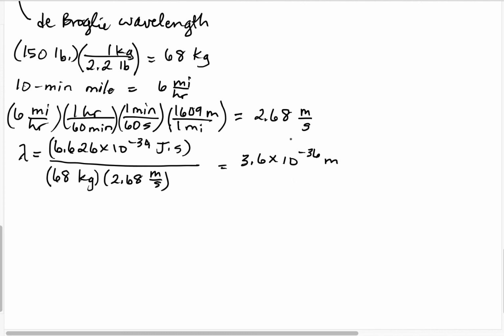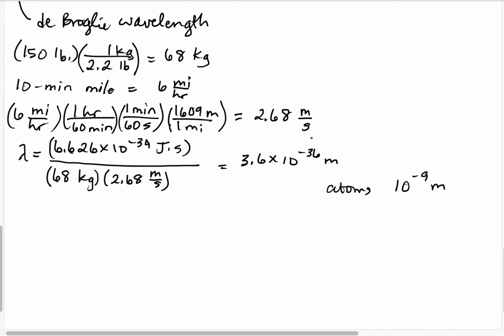10 to the minus 36 meters is so much smaller than anything that we can measure. Remember that atoms are about 10 to the minus 9 meters in size, maybe even a little bit smaller than this.